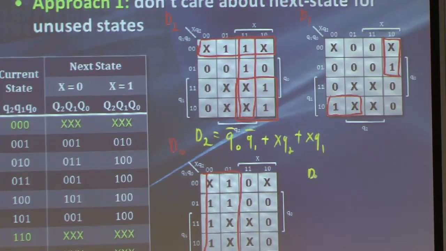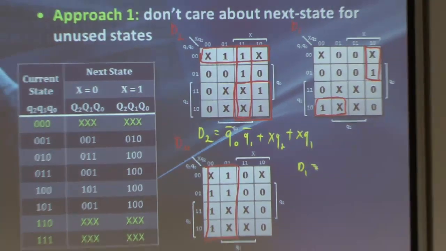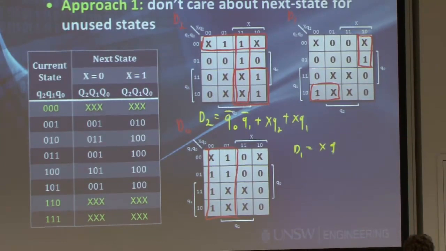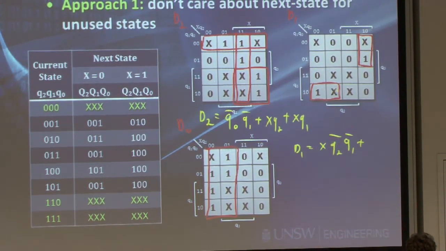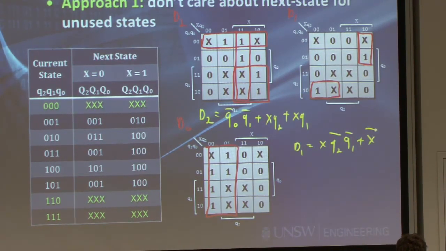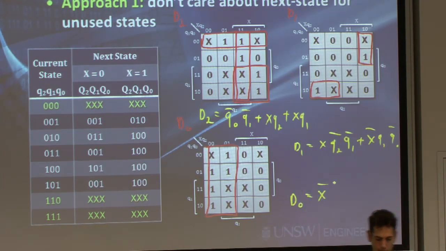D1 will be X, not Q2, not Q1, or not X, sorry, not X, Q1, not Q0. And D0 will have a nice one, which will just be not X.